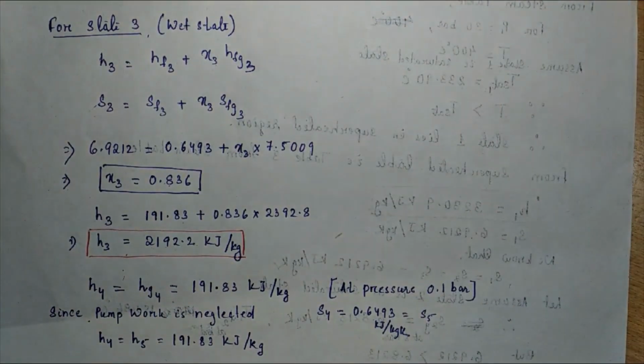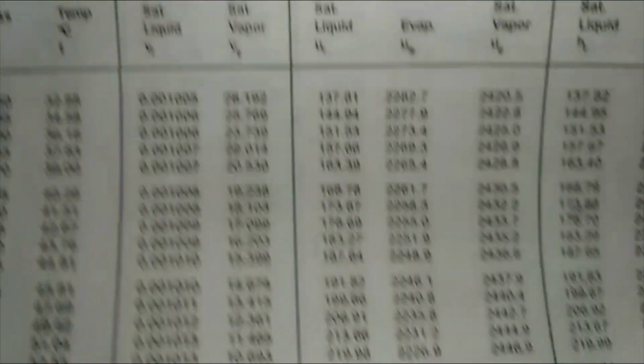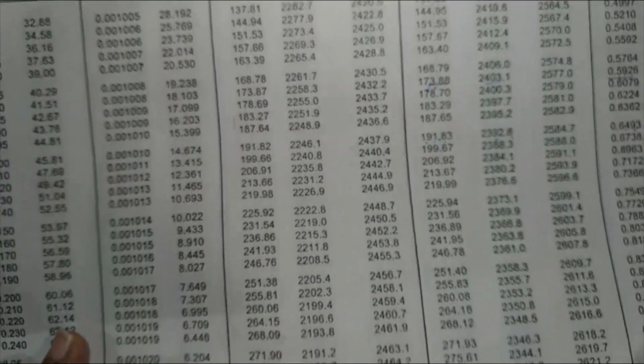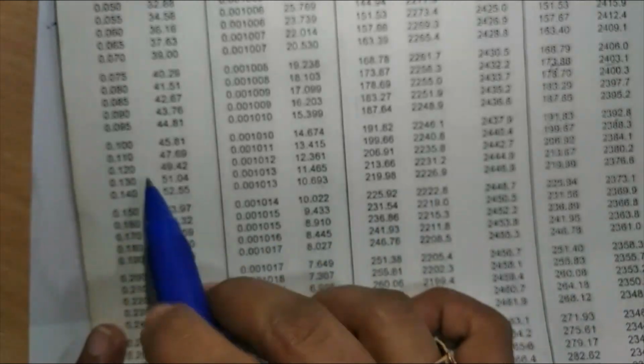Next is H for state 4. So see here, pump work we have to neglect. It means state 4 and state 5 we consider to be the same. So enthalpy of 4 and 5 will be the same. So if we get the value of enthalpy for state 4, that we will consider for 5. So 4 is considered to be a saturated state at pressure 0.1. So see here, the pressure is 0.1.